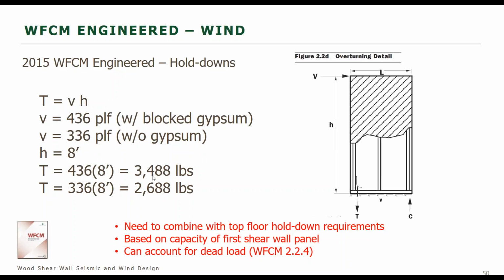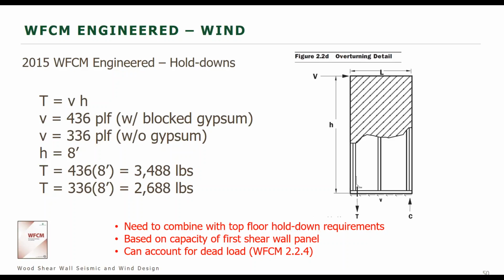So our required hold down capacity is 3,488 pounds, and that's the same as what we calculated using the prescriptive approach. And then for the wall with the gypsum being neglected, our required capacity is 2,688 pounds, which is about 4 or 5 pounds different than what we had calculated before. So there's a little bit of rounding, but it's essentially the same.